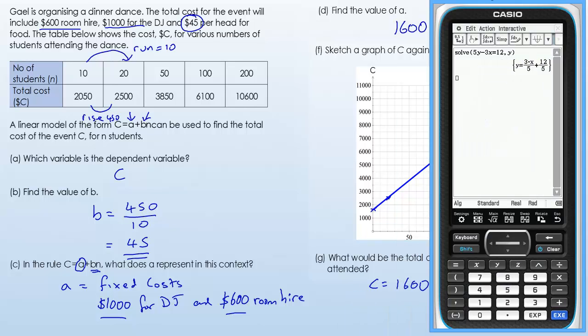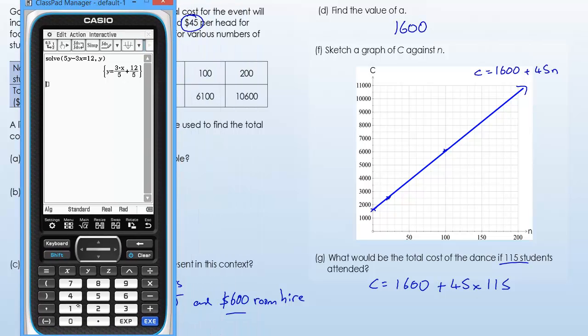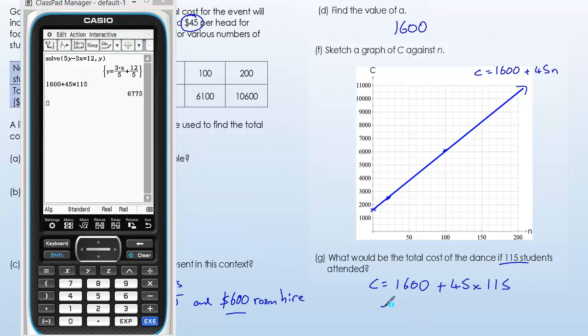We'll just calculate that. So 1,600, add 45 multiplied by 115, $6,775.